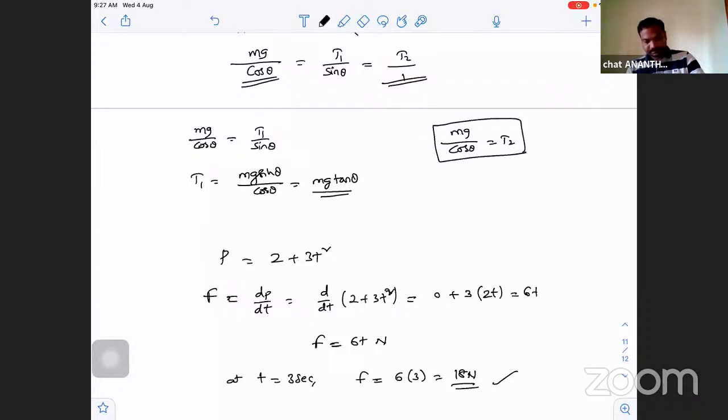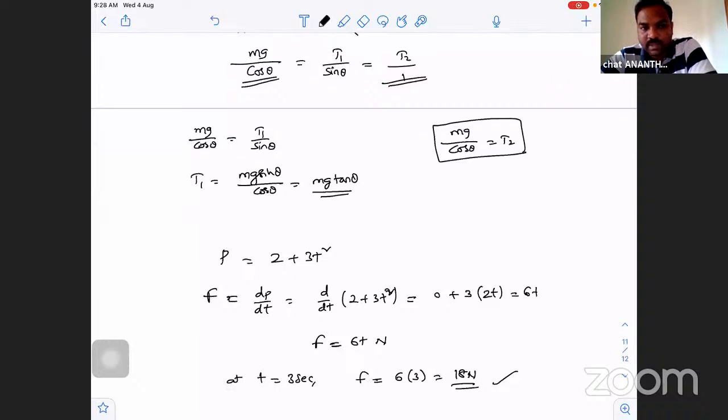Okay, finished? So all of you revise this equilibrium concept, and along with that drawing the free body diagram also.